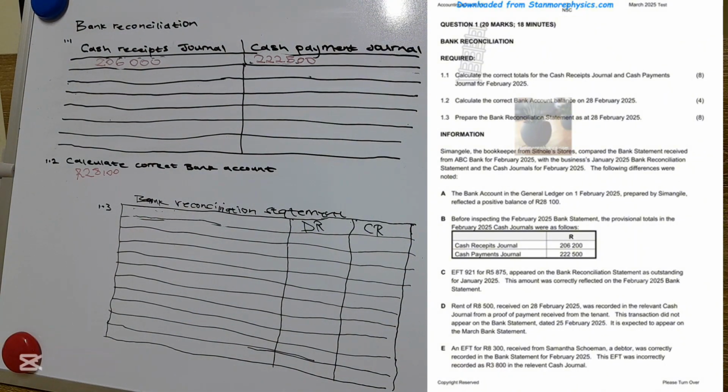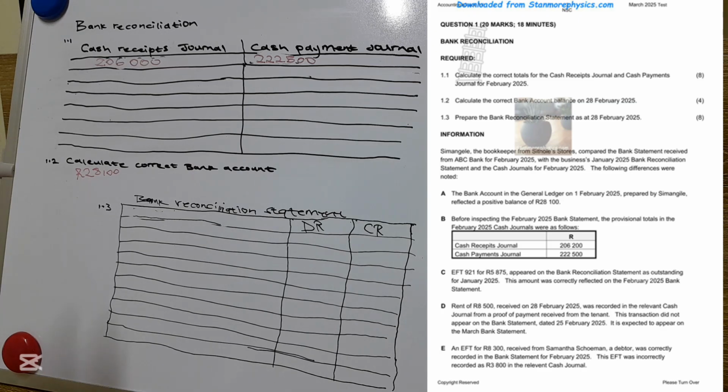And then information number B. Before inspecting the February 2025 bank statement, the provisional totals in the February 2025 cash journals were as follows. As you can see, our cash receipt journal is 206,200, and our cash payment journal is 222,500. This is our cash receipts and cash payments before we check the errors and the omissions.